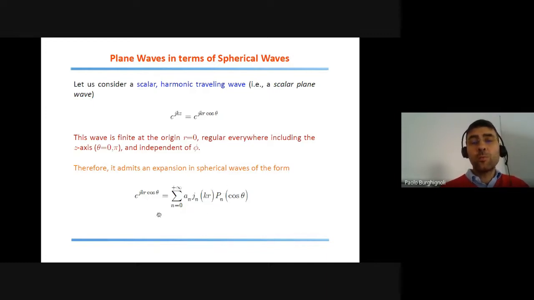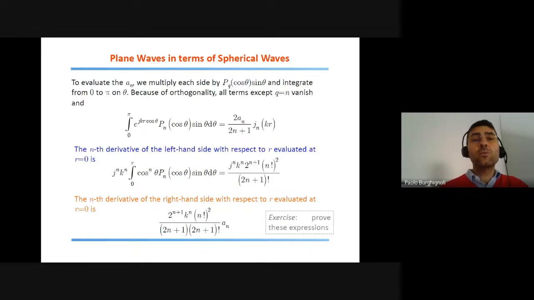So we know from these basic considerations that our plane wave should be written as an infinite summation of this kind of terms, in which the coefficients a sub n are still unknown, and our task is that of finding those coefficients. In order to find the coefficients, we can employ the orthogonality of the Legendre polynomials.